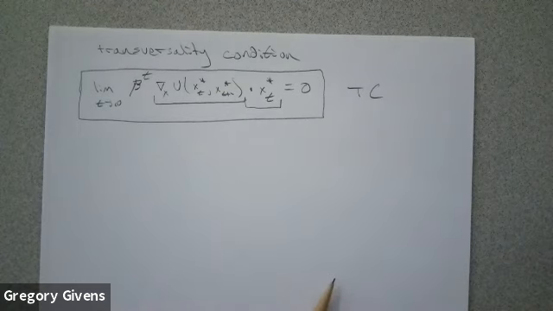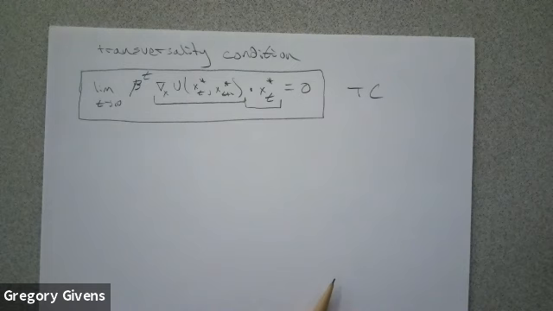Now let me try to interpret that for you. If we go back to our Euler equation, what does the Euler equation say? That tells us that we should not be able to shift resources intertemporally in a way that raises our lifetime utility, right? If I save an extra $1 today, I shouldn't be able to raise my lifetime utility by consuming that extra $1 in the next period.